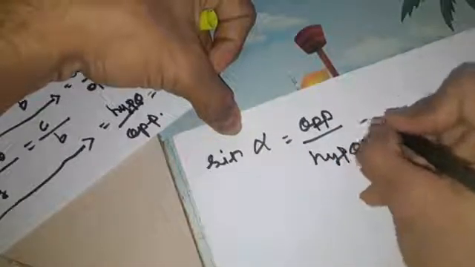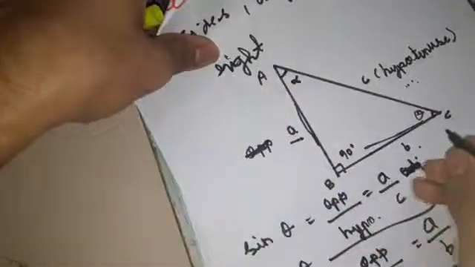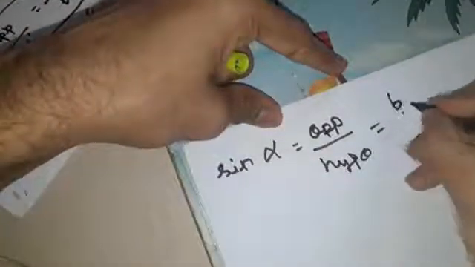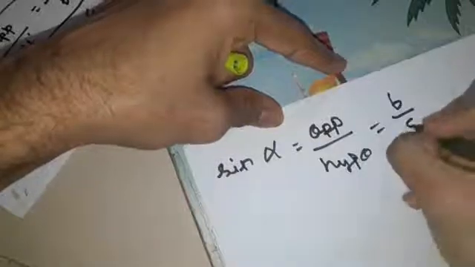For angle alpha, the opposite side is side BC, which is small b in length, the adjacent side is AB, which is small a, and the hypotenuse is c. So for sin alpha, the opposite side is small b and the hypotenuse is small c.